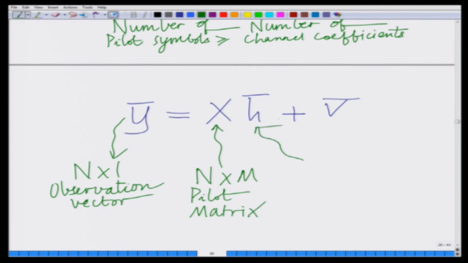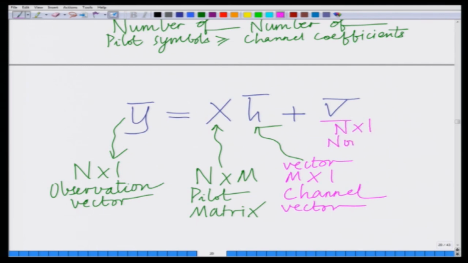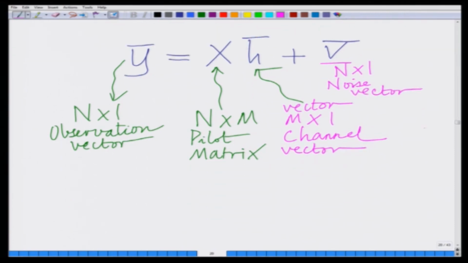This h bar is the vector of m channel coefficients, m cross 1. This is the channel coefficient vector, or simply called the channel vector, and this v bar is your n cross 1 noise vector.